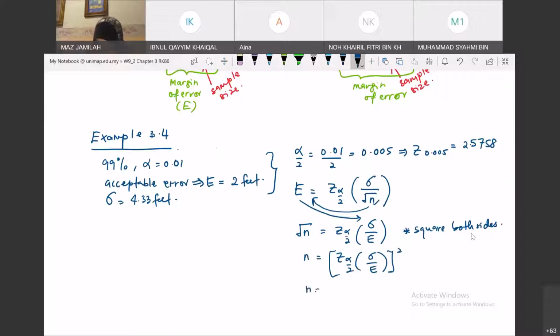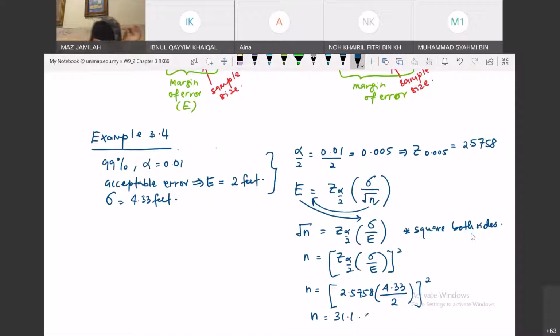So put everything together. Z alpha over 2 is 2.5758 multiplied with sigma. Sorry, sigma is not 0.01. Your sigma is 4.33 divided by the margin of error 2. The whole thing squared. So n will be obtained as 31.1.